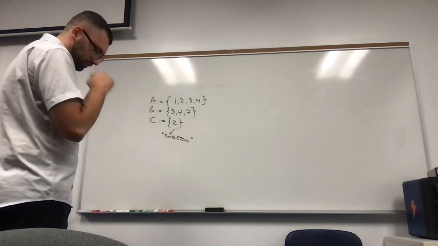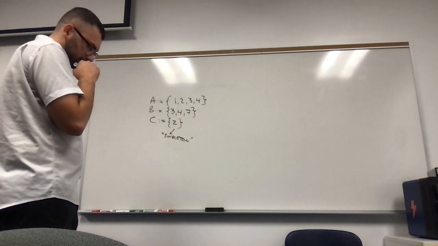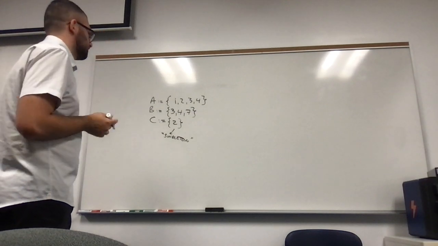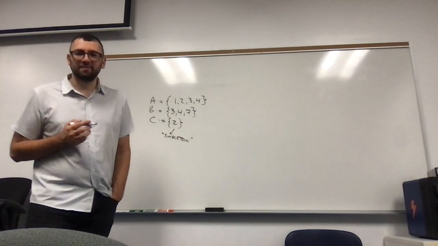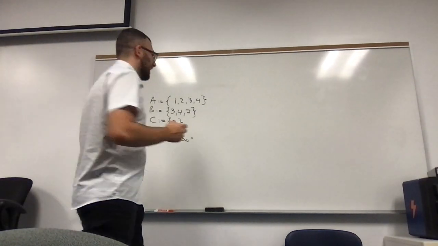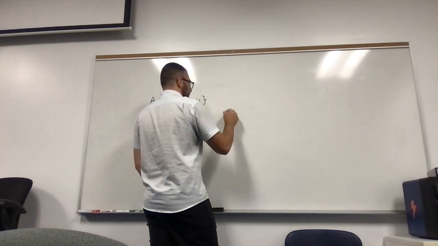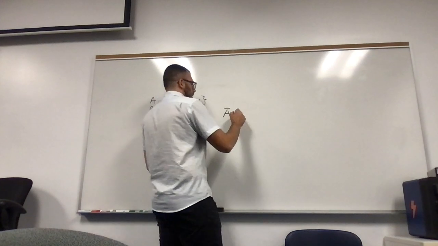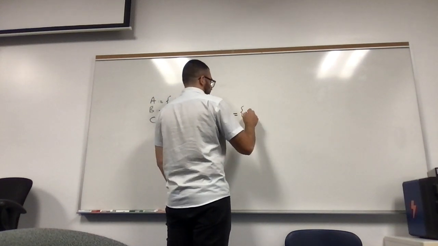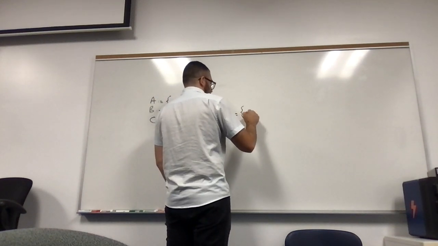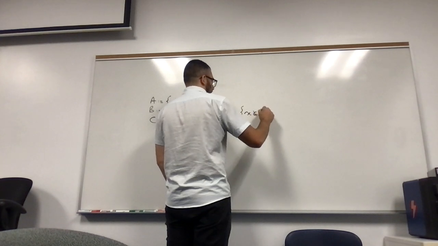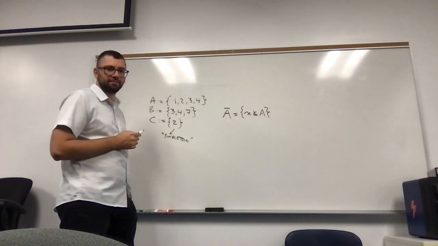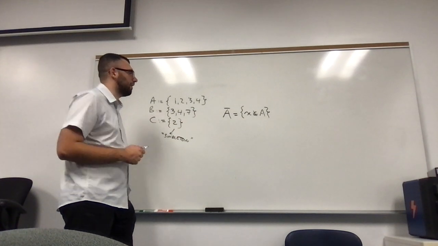Just on the tip of my tongue. I'll let you look it up because I don't want to pause the video. The way you write it, you put a bar over it. So A bar is the same thing as the set of all things that are not in A. Does that make sense? It's the set of things that are not in A.